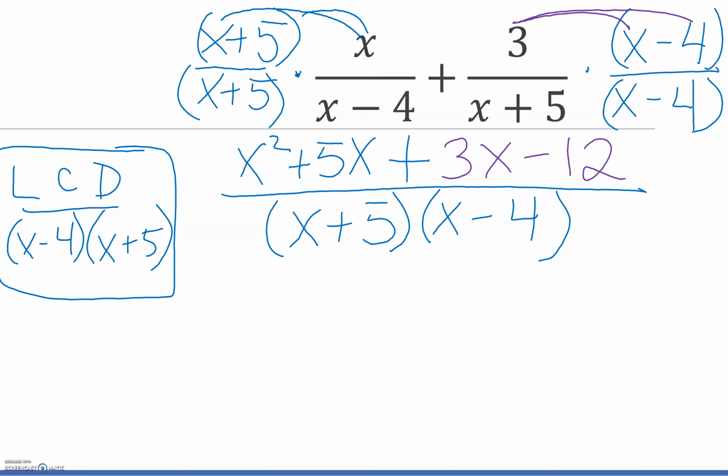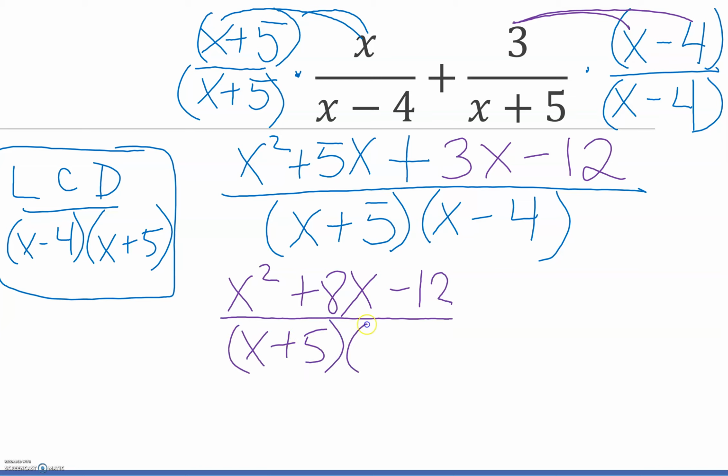So now we can go about combining our like terms. There's only an x squared here, so I'm going to leave that as is. 5x plus 3x is 8x. And then I have that minus 12. That's going to be all over x plus 5 times the quantity x minus 4.